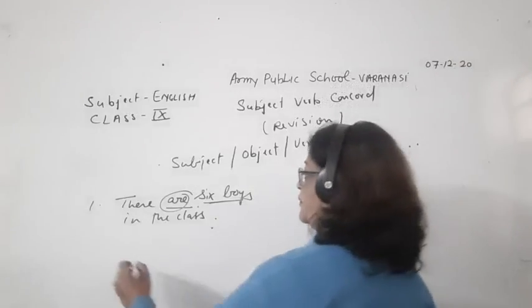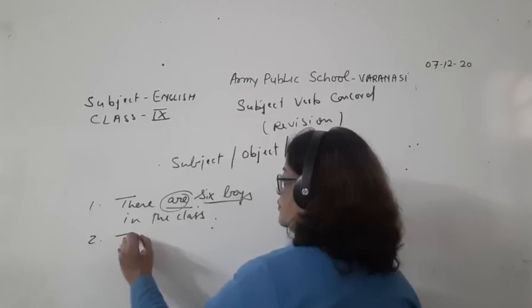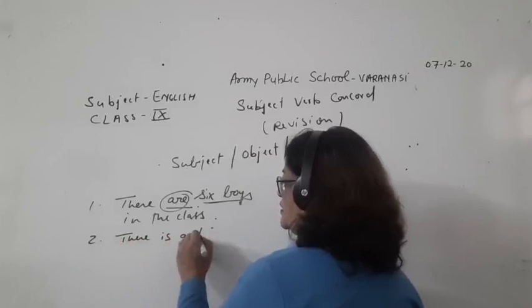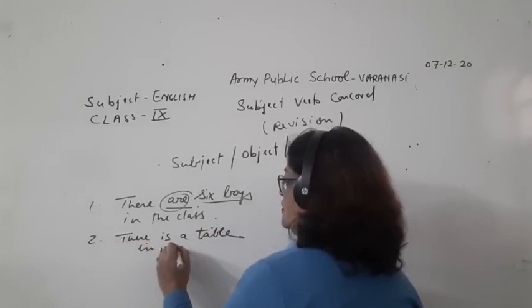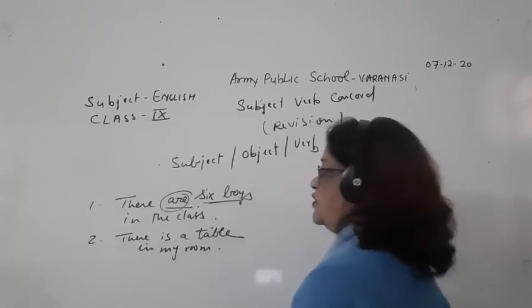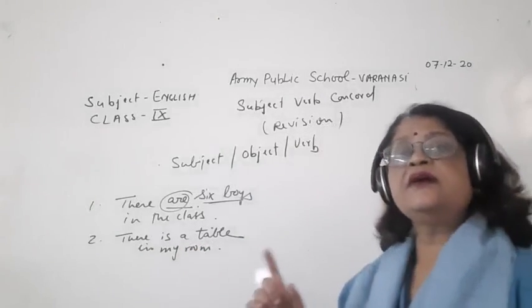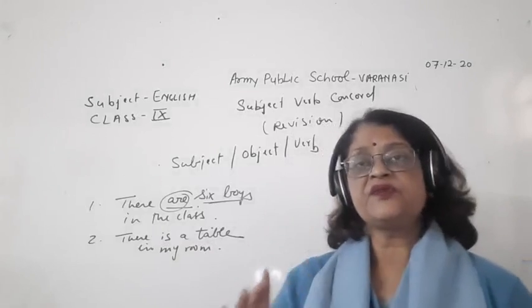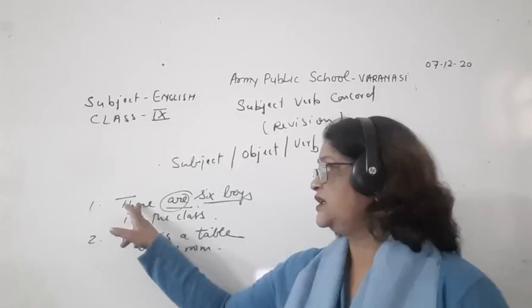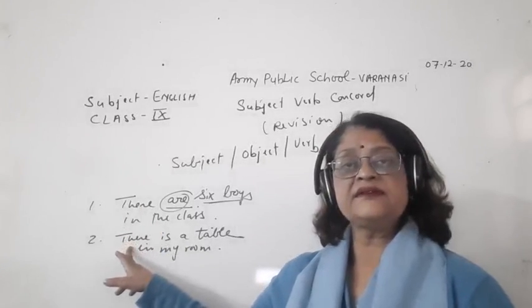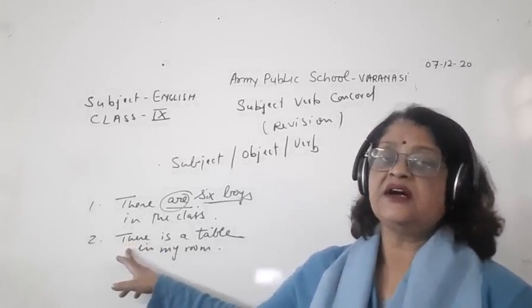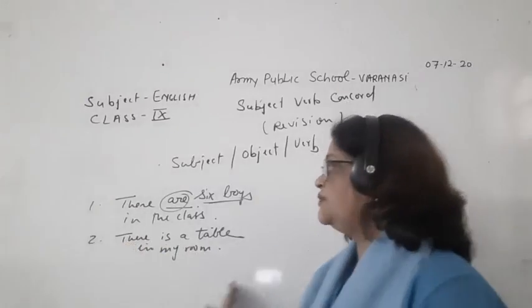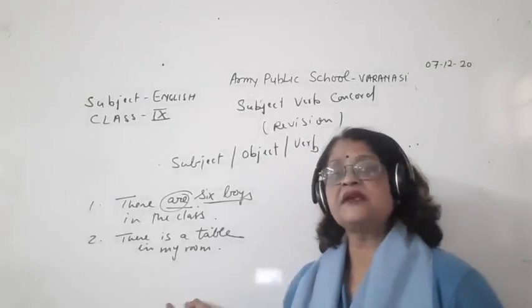Like, there is a table in my room. So children, first of all you have to see if the introductory word, the first word, is there. In both the cases the first word is there.